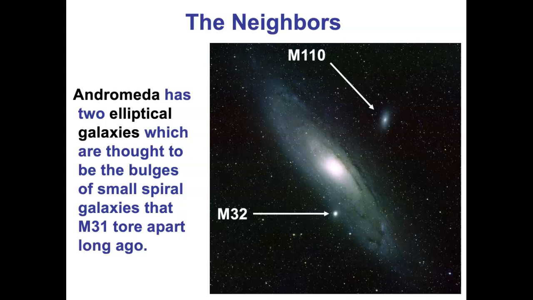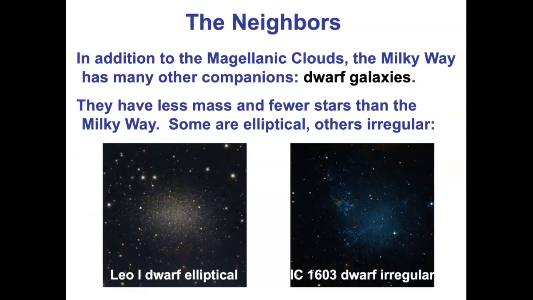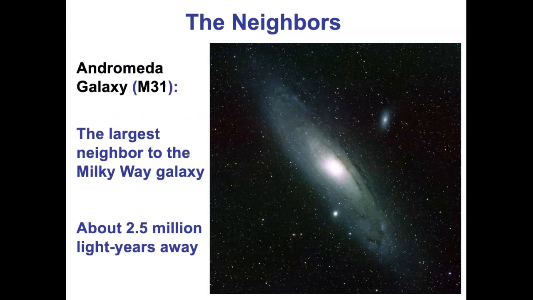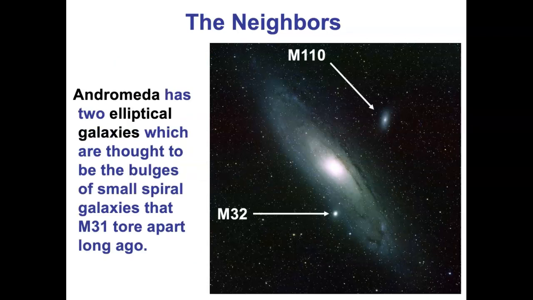But again, you see these dwarf ellipticals around Andromeda, much like Leo 1 that you find near the Milky Way. Totally different galaxies, and yet similar structures. Probably because they share a common origin, they share a common history.